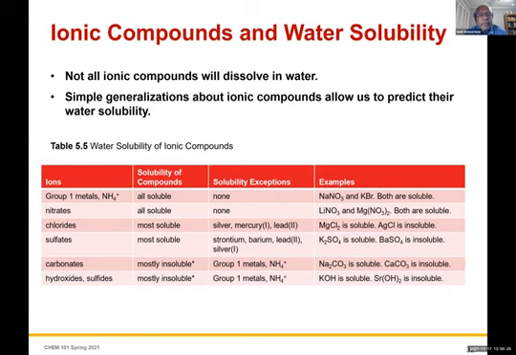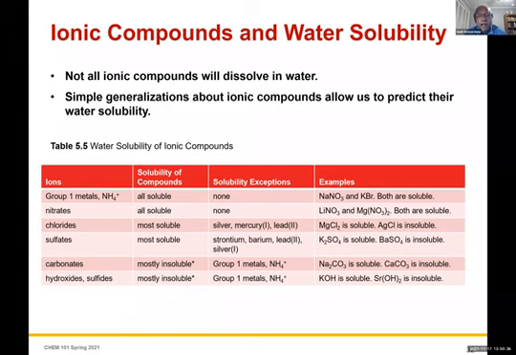All salts of group 1 metals, like sodium and potassium, are normally the most common. Group 1 metals and ammonium ions are soluble.